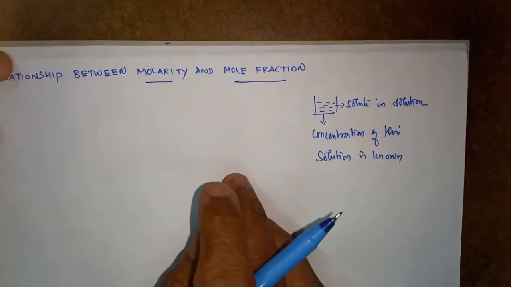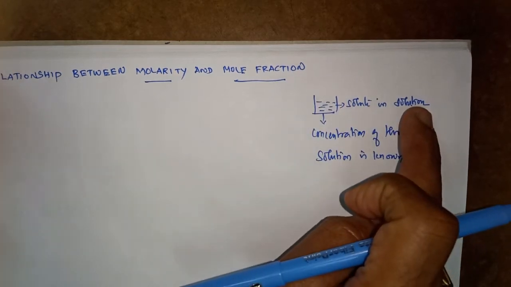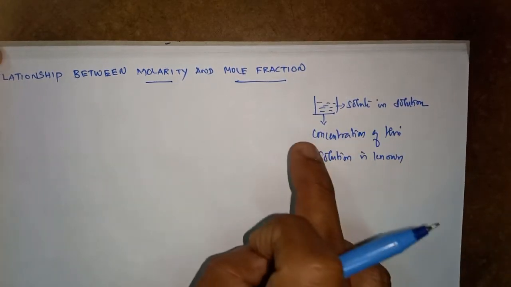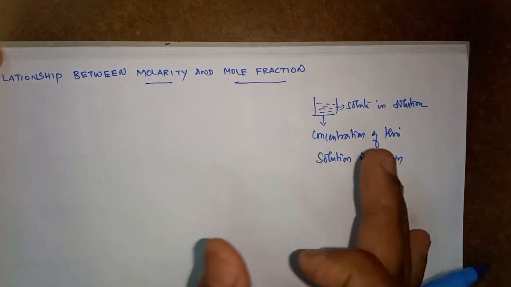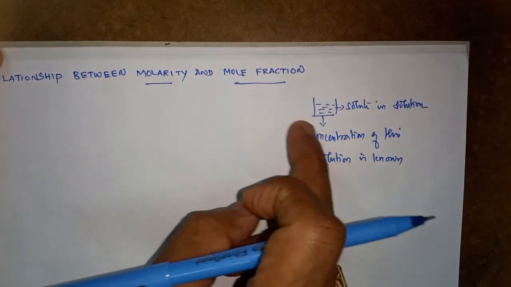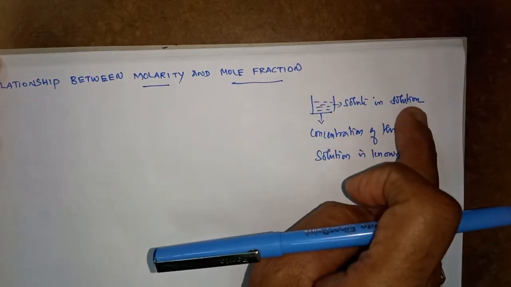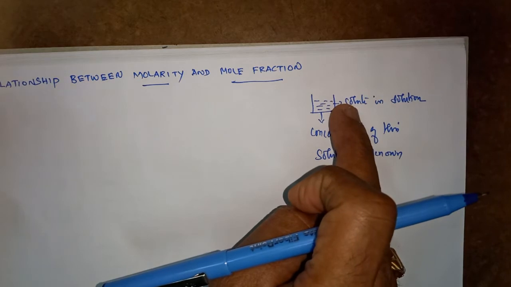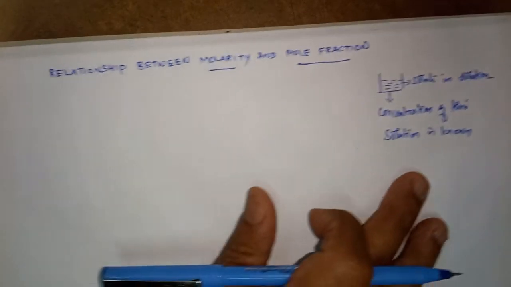If I know the amount of solute in a given volume of solution, I say the concentration of the solution is known. In the given volume of the solution, if a known quantity of solute is present, we say the concentration of the solution is known.